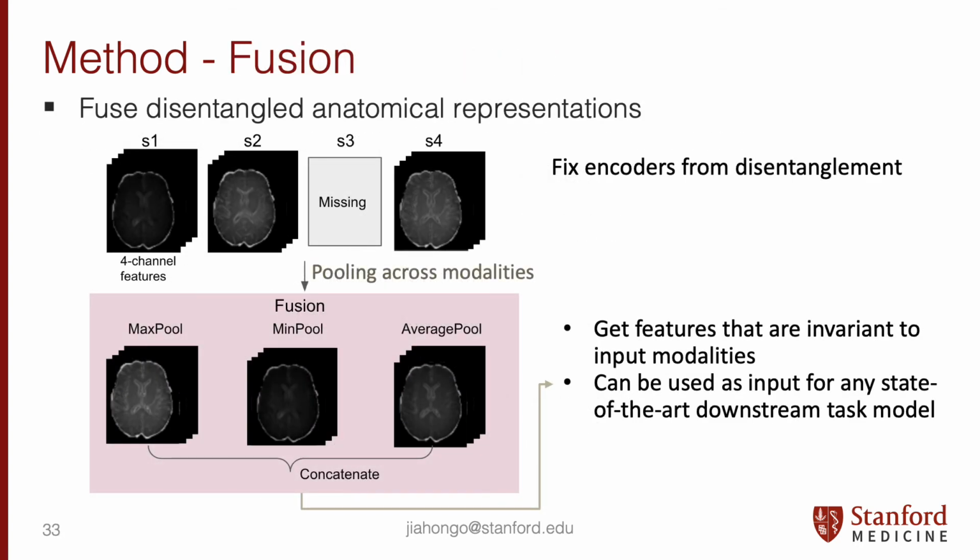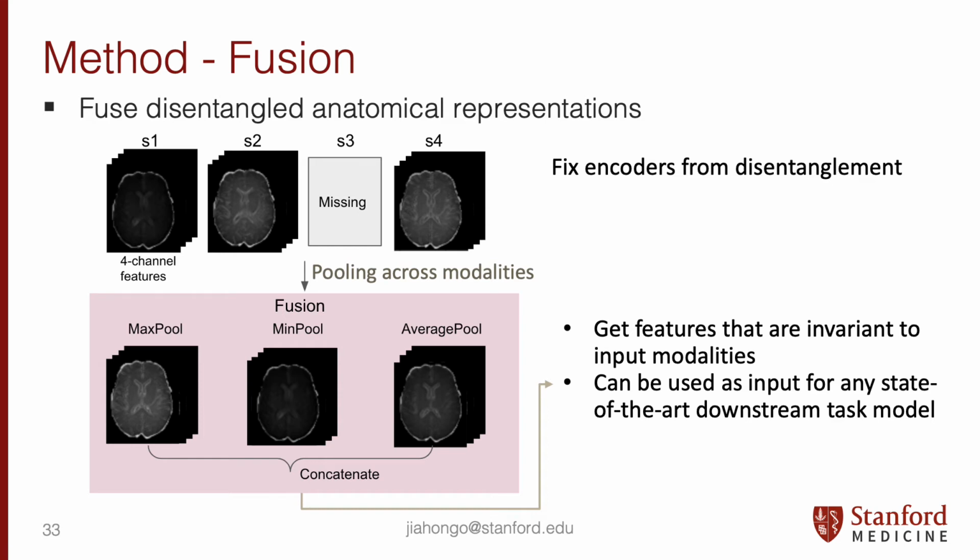In the next part, we propose a fusion module to utilize the disentangled anatomical representations for downstream tasks. Here, we fix the encoders from the disentanglement. In the first row is the anatomical representation from 4 modalities. One of them is missing in input.